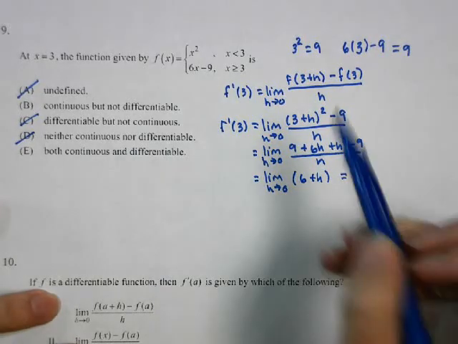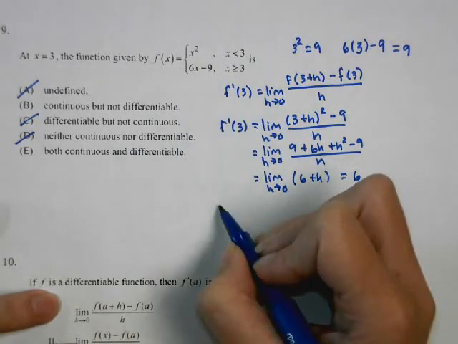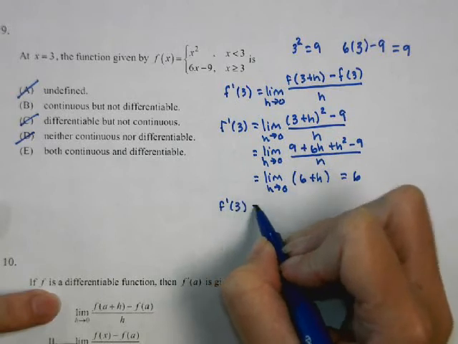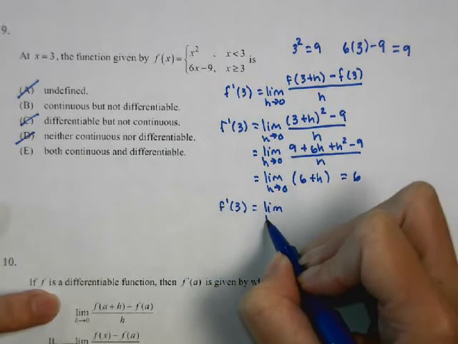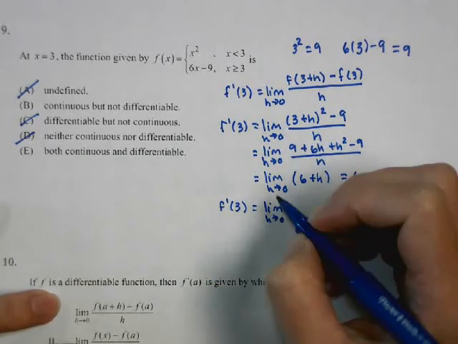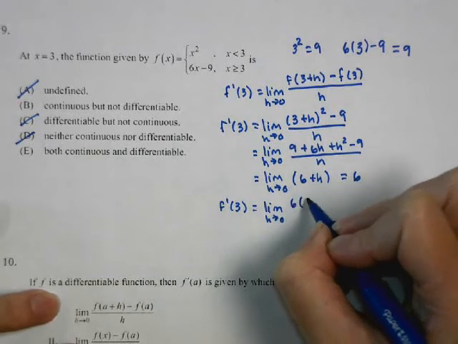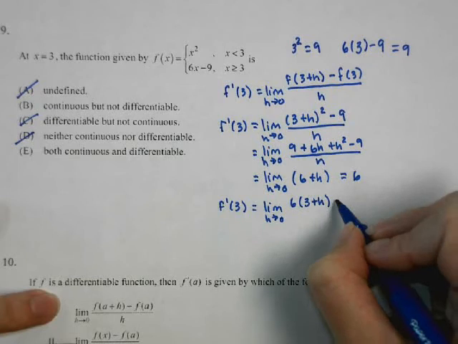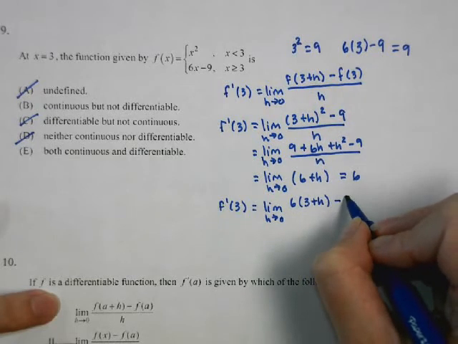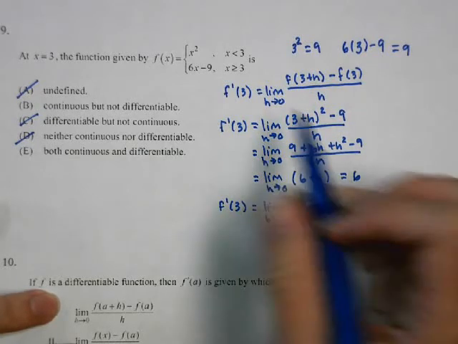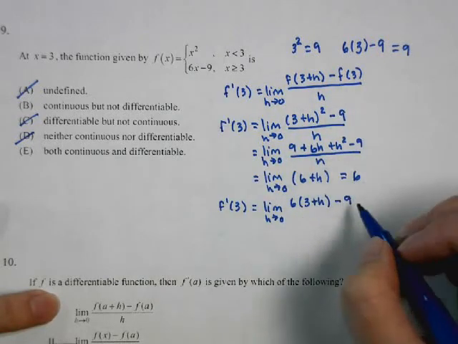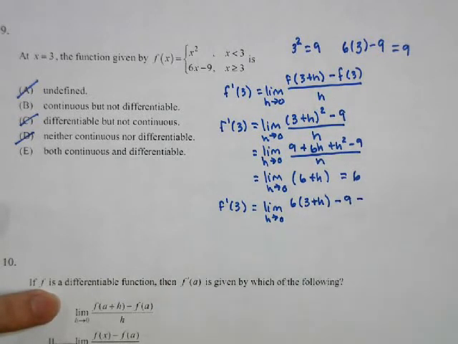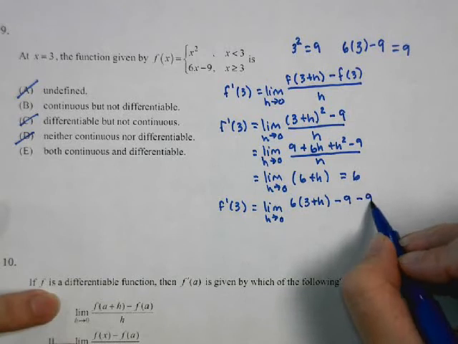Now we'll do the same thing with this one. So that's going to be the limit as h goes to 0 of 6 times (3 plus h) minus 9. That's the function. And then we're going to subtract f of 3.